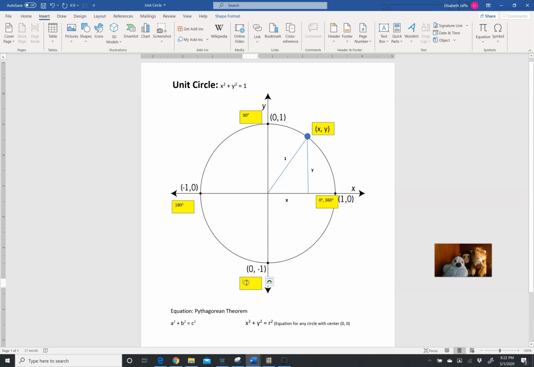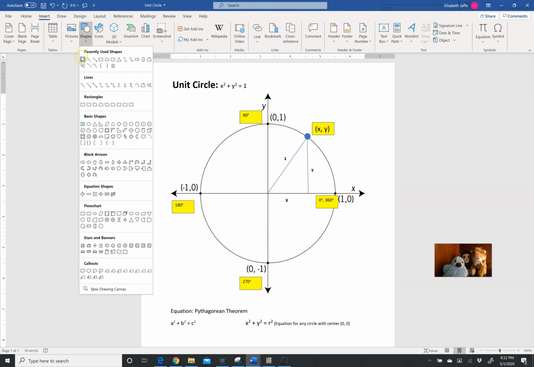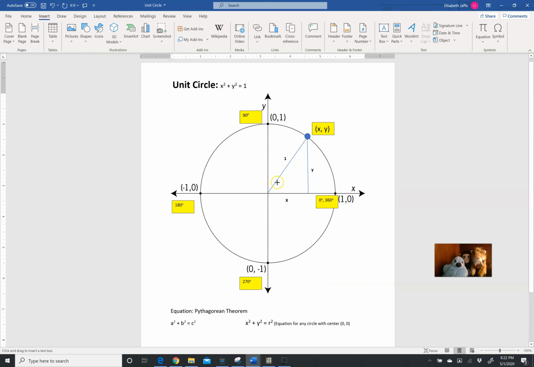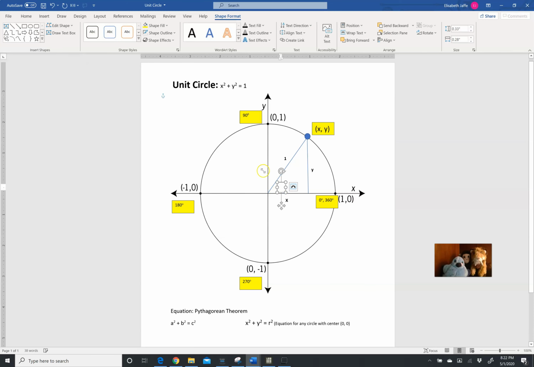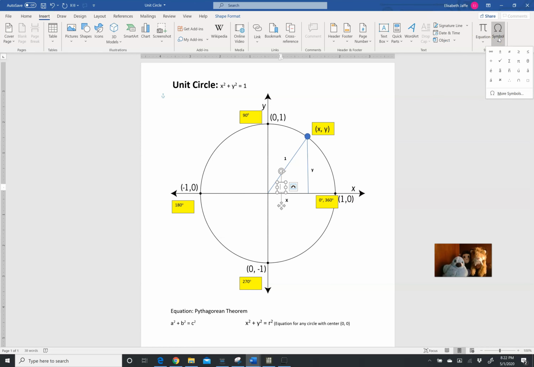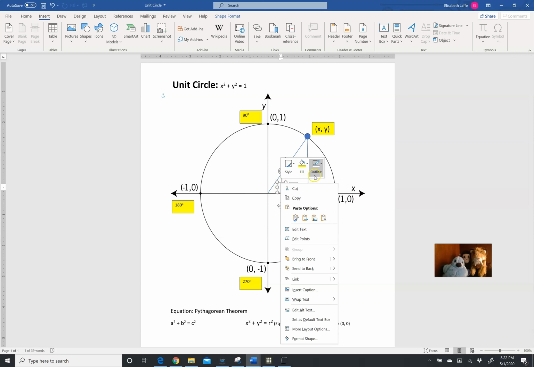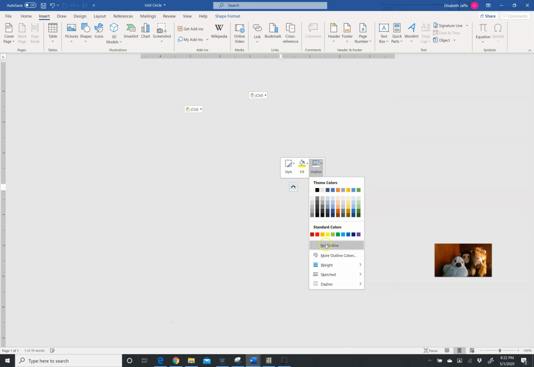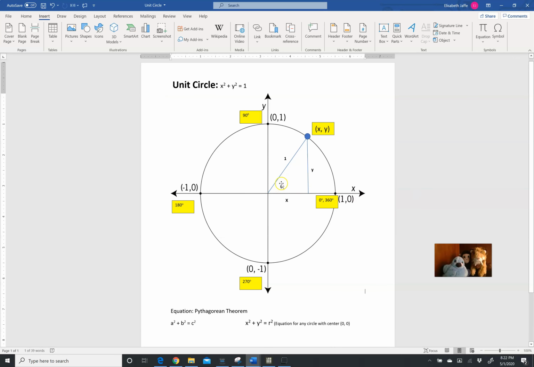And over here, this is 270 degrees. Okay, so each of these has an angle, and let's put in our theta. Okay, so this angle right here is theta.